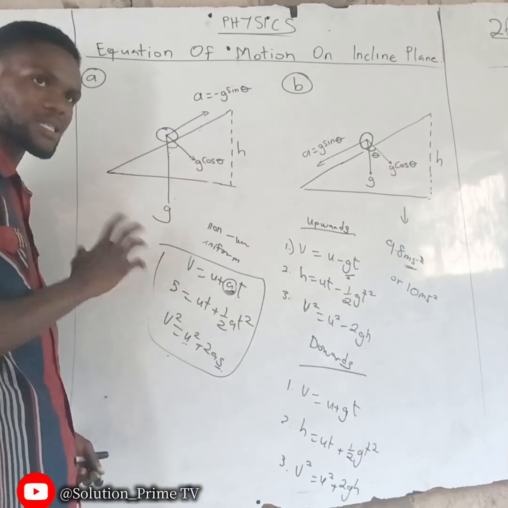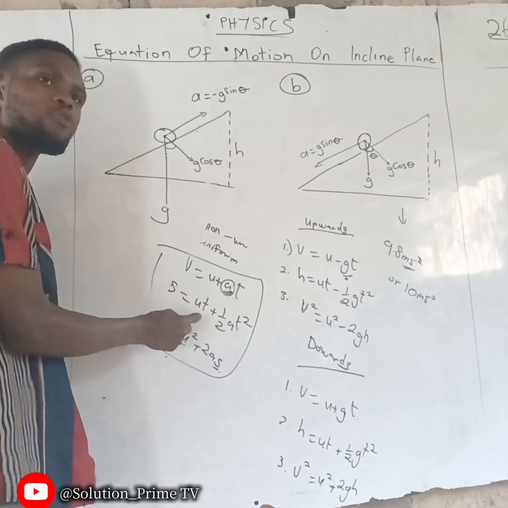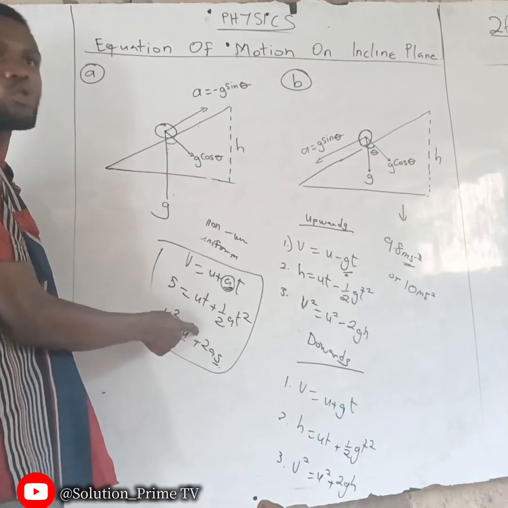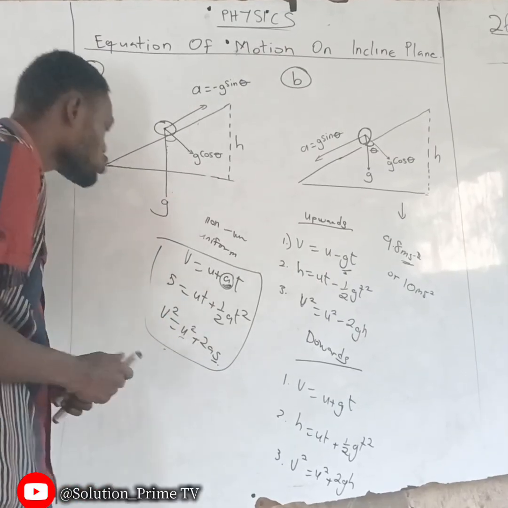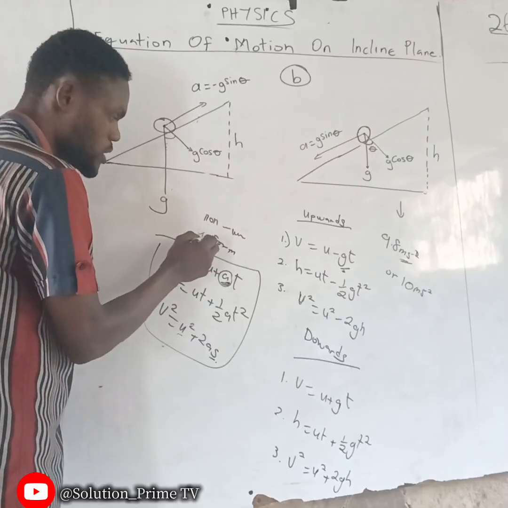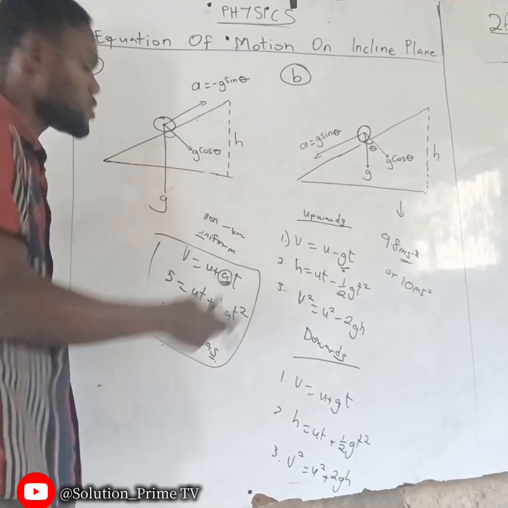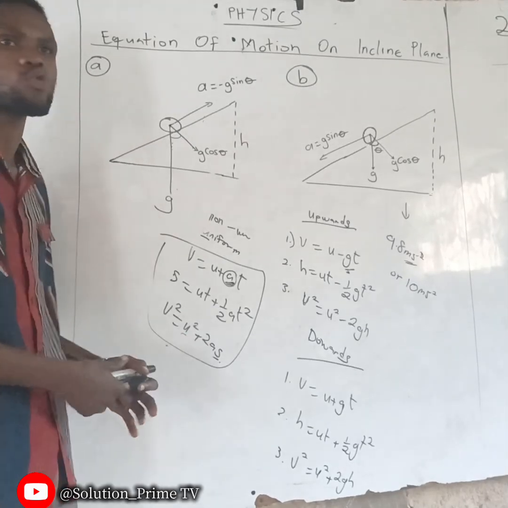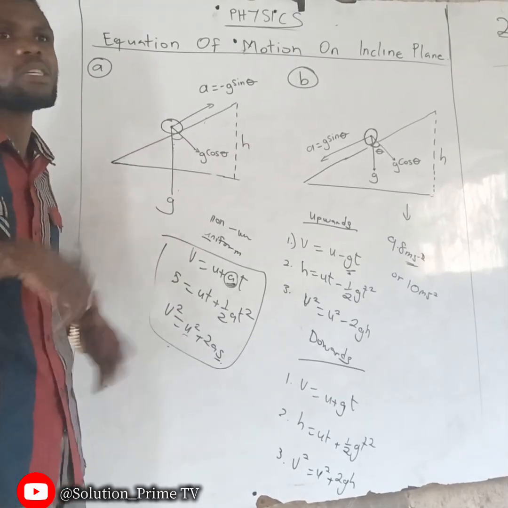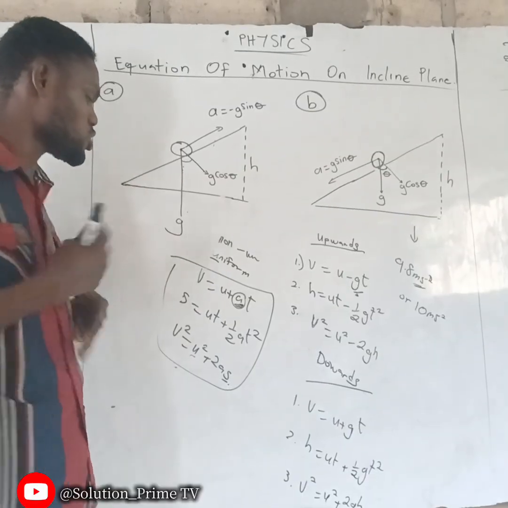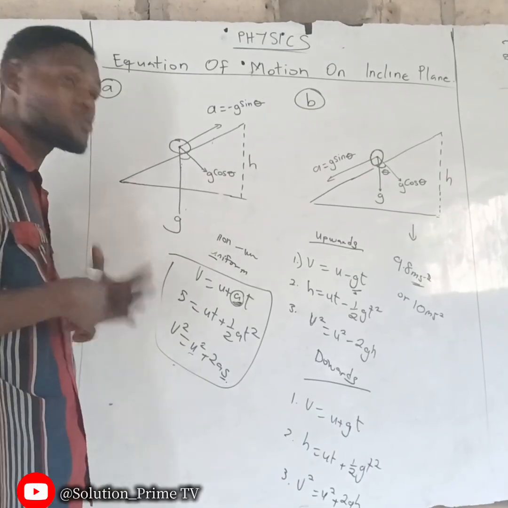When we have uniform acceleration, then these formulas hold. But if there is no uniform acceleration, that is non-uniform acceleration, these formulas do not exist. Do you get it? The formulas you use are for uniform acceleration: V is equal to U plus AT, S is equal to UT plus half AT squared.